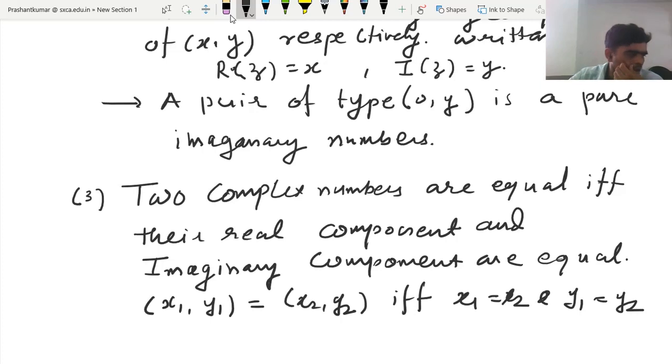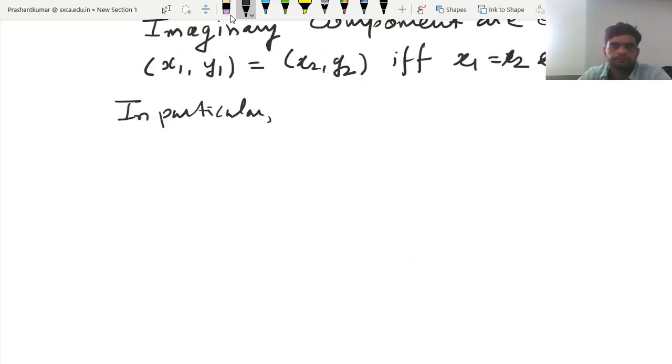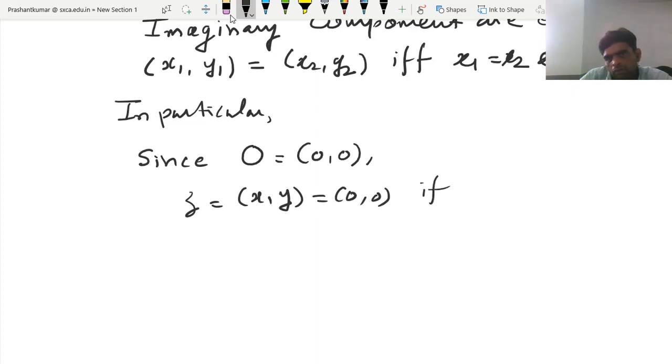In particular, since 0 equal to (0, 0), z equal to (x, y) equal to (0, 0) if and only if x is equal to 0 and y equal to 0.